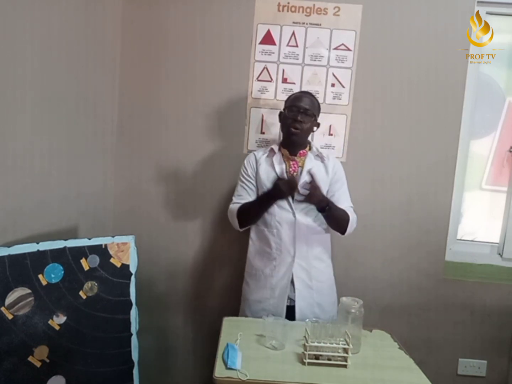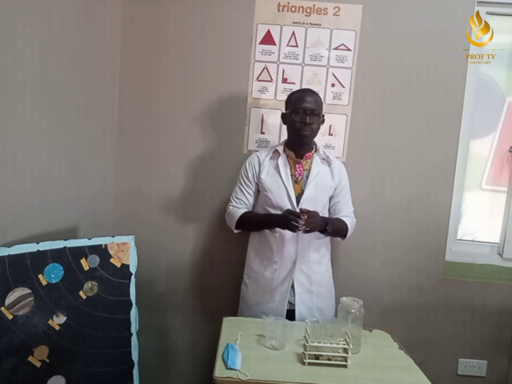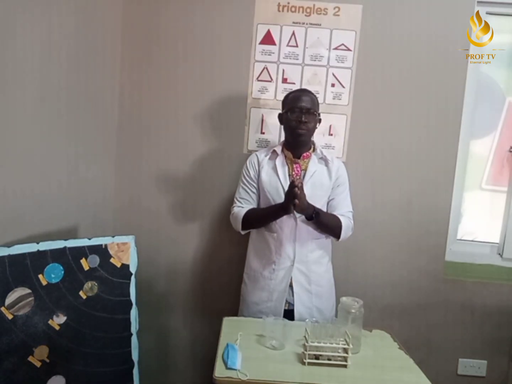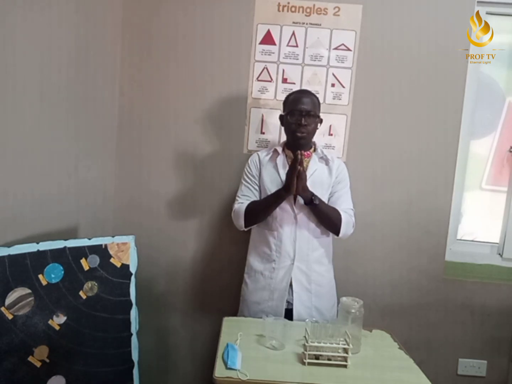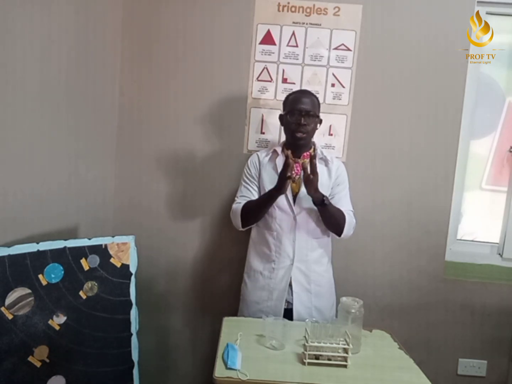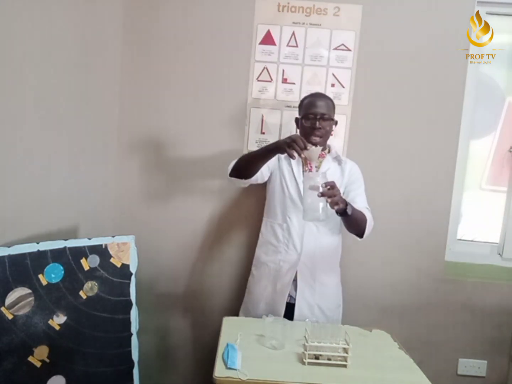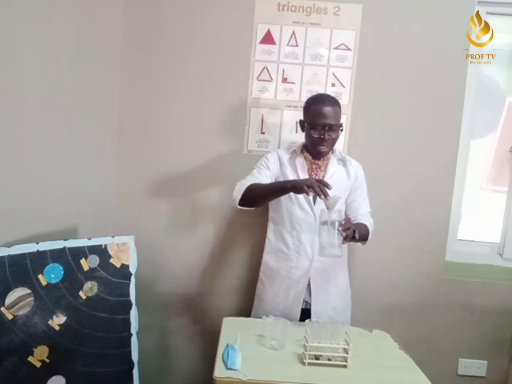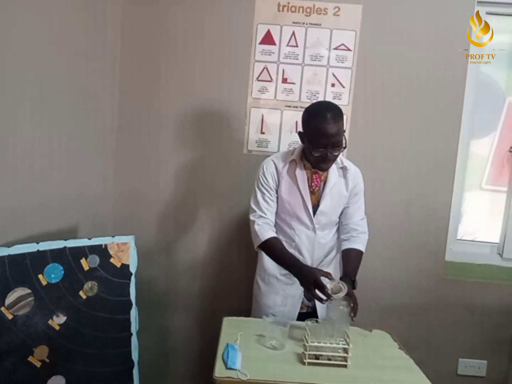Right. So I hope you have enjoyed today's lesson. But before you go, there are a few things that I want you to take note of. As you watch the diagram just beside it, I want you to take note of the following because it is very, very important. So we have our beaker here, we have our funnel, and then we have our filter paper inside, and then we are almost done.